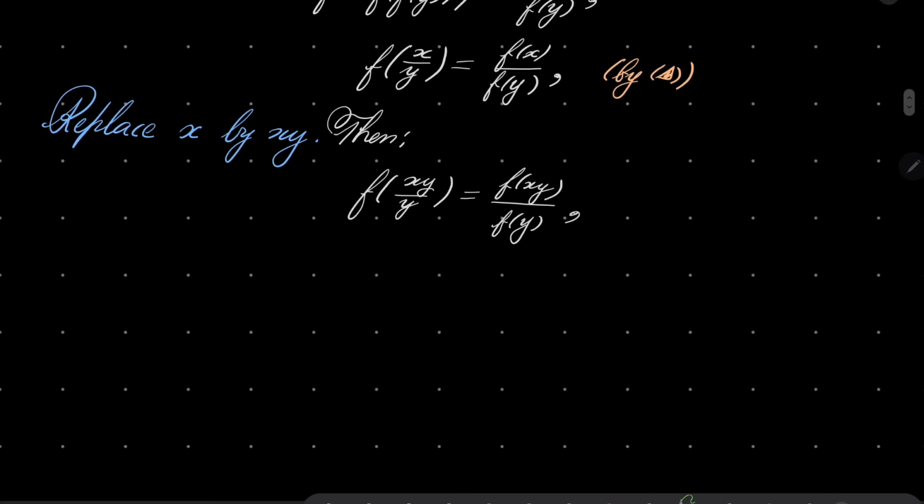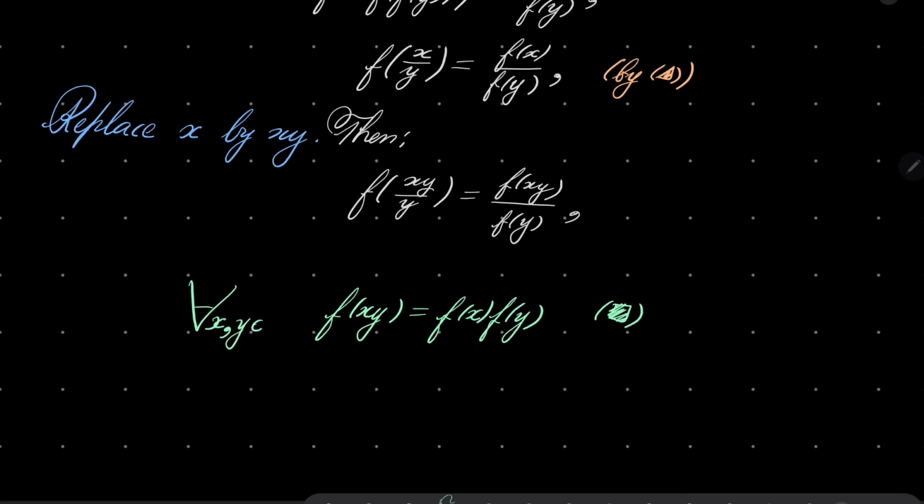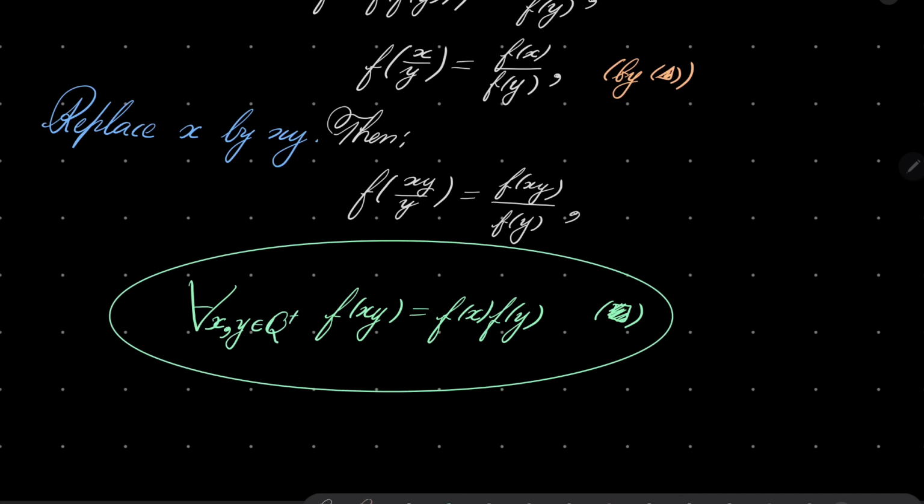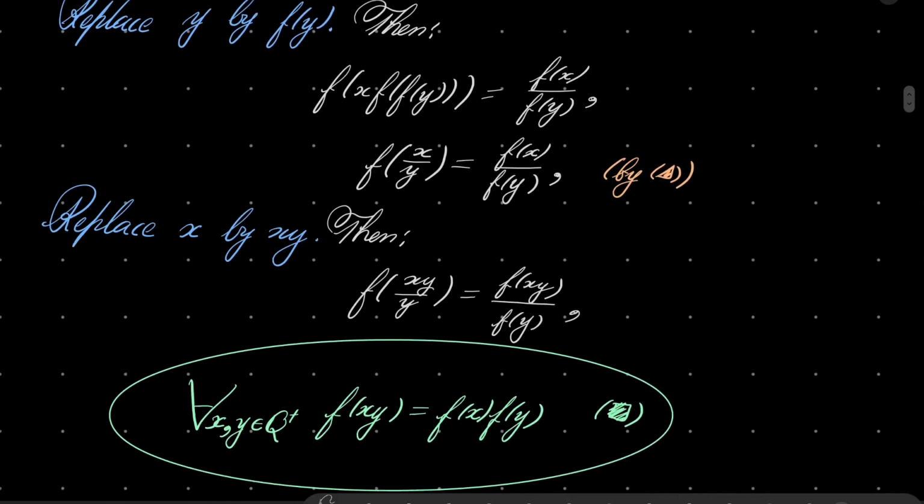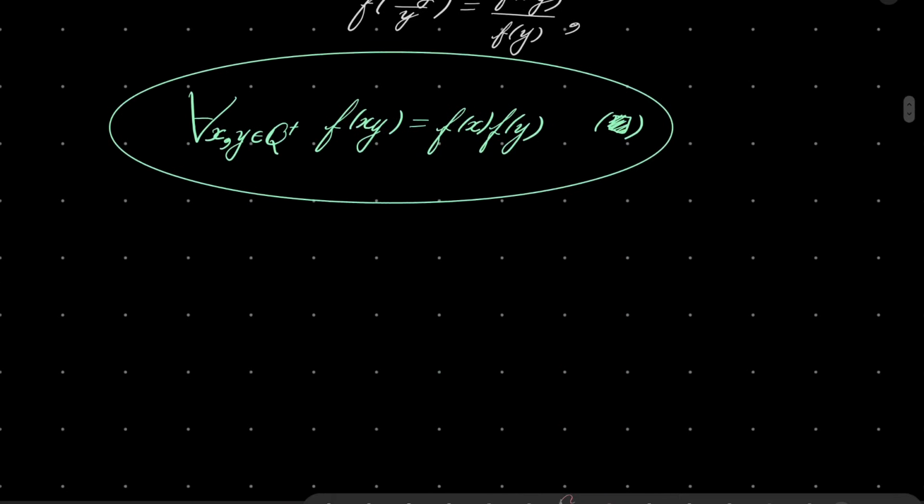Which means that f of xy equals f of x, f of y. And I will mark this condition square, and that holds for all positive rational numbers. Right. Very well. So if our function satisfies our condition asterisk, it must satisfy both triangle and square. And now I will prove the converse.